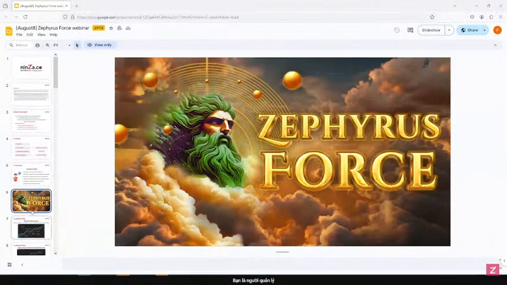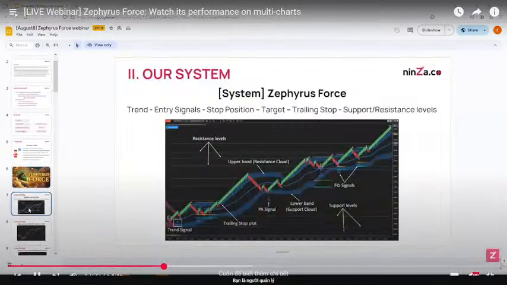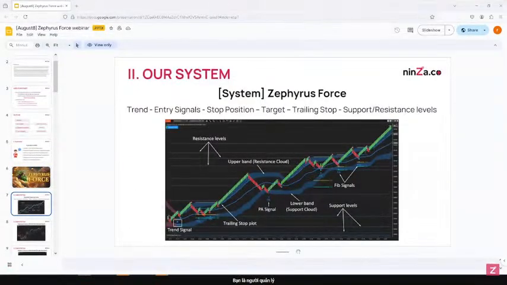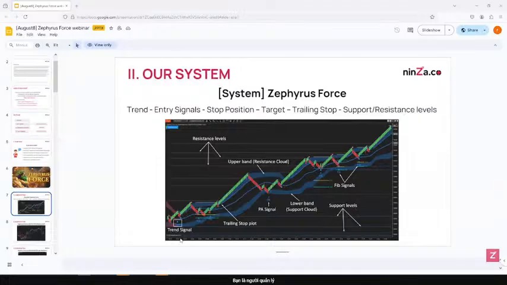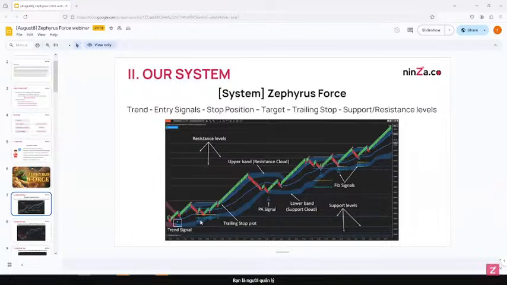So, a quick introduction first. Zephyrus Force identifies a trend, then waits for two types of pullbacks. One is a Fibonacci retracement pullback, where you can customize what kind of Fibonacci retracement you want.